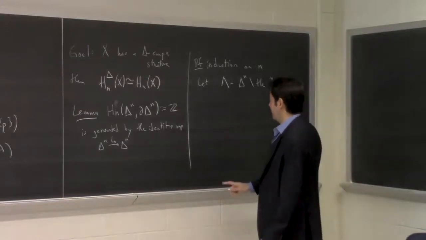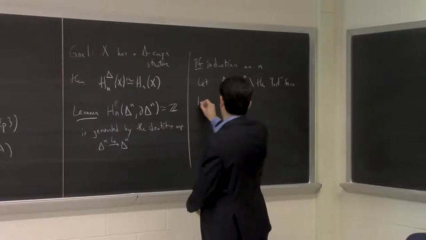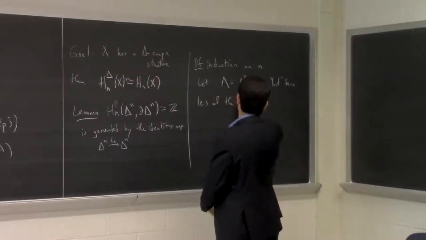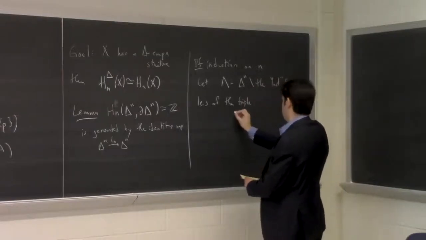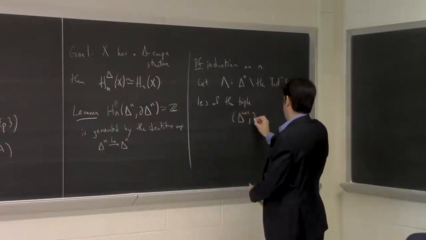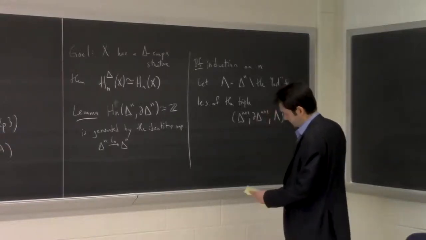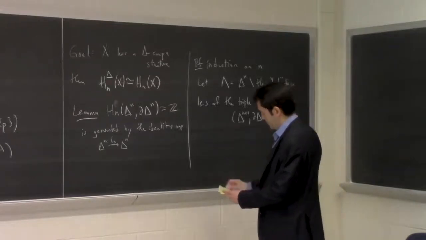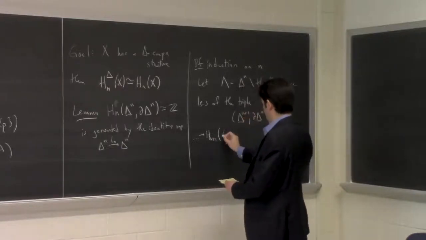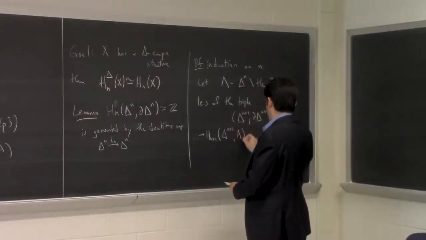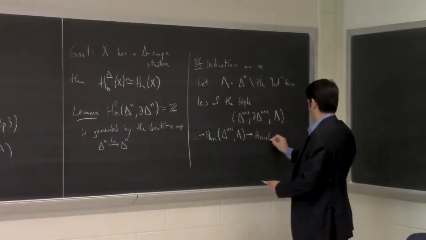Now look at the long exact sequence of the triple: delta n plus 1, its boundary, and then lambda.